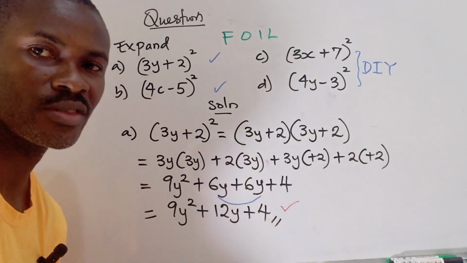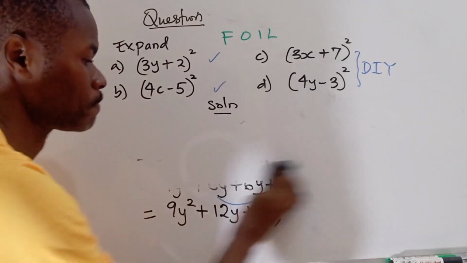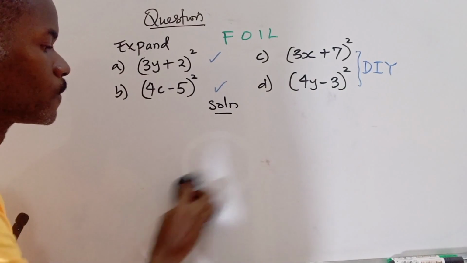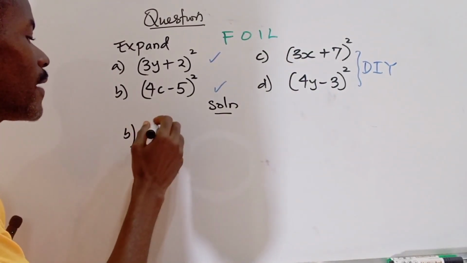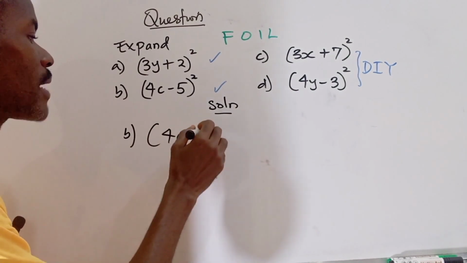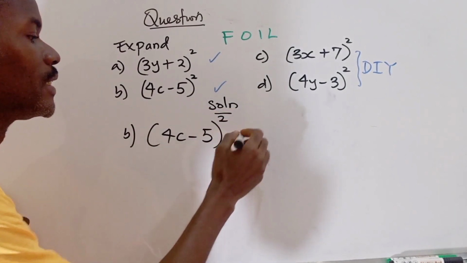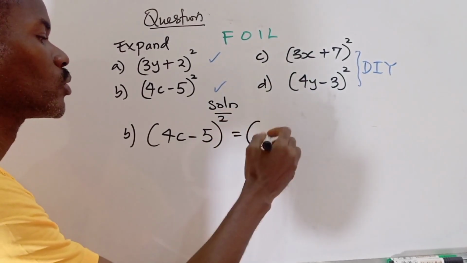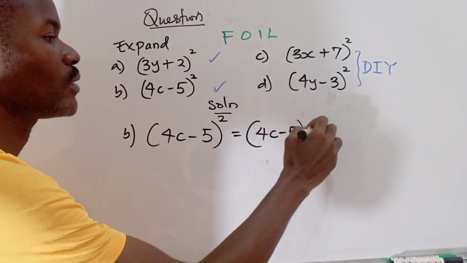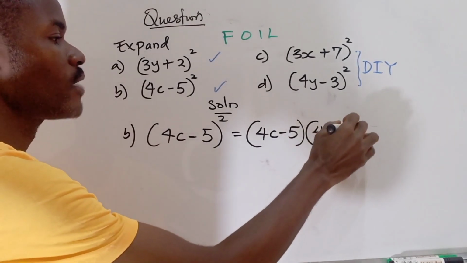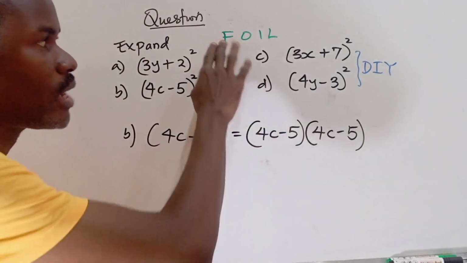Now let's solve the second problem. For B, we are still going to follow the same order. We have (4c - 5) raised to the power of 2. First of all, I want to write it twice: (4c - 5) multiplying (4c - 5). That is our first step. Now we're going to apply FOIL.